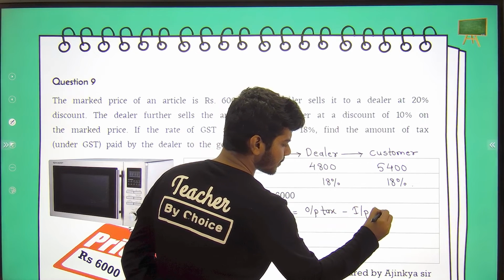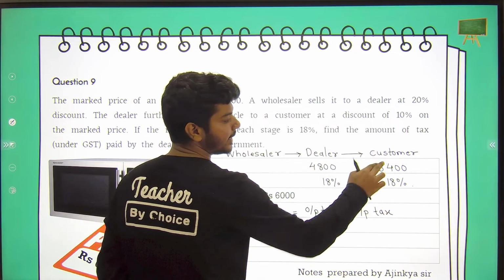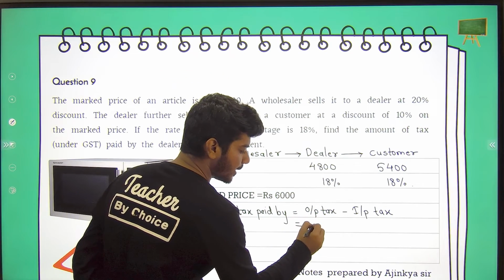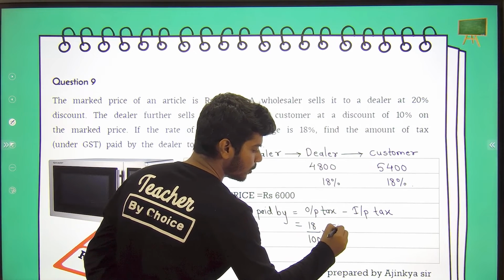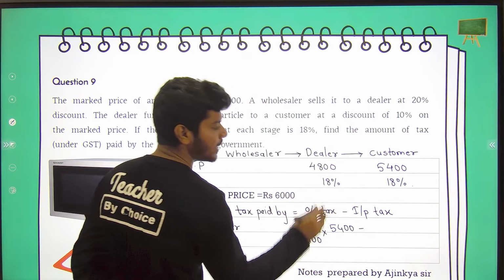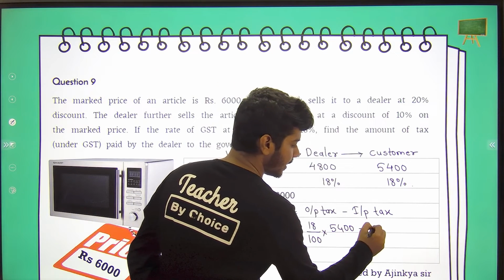How much is my output tax? Look at the output side: 18% of 5400, minus input tax. Input tax, can I say 18% of 4800?